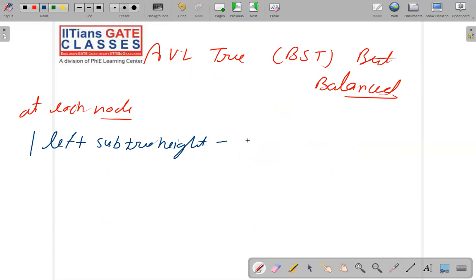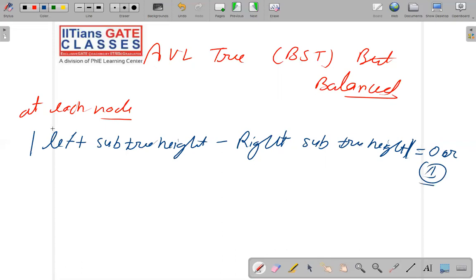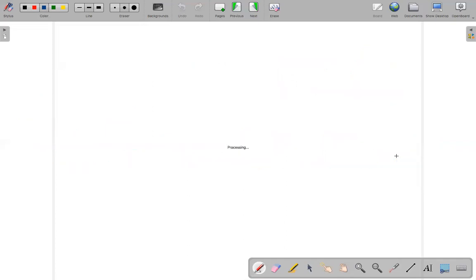Two lectures back, I explained what the height of a tree is. I have taken modulus, right? So the difference between the heights of the left subtree and right subtree can only be 0 or 1.